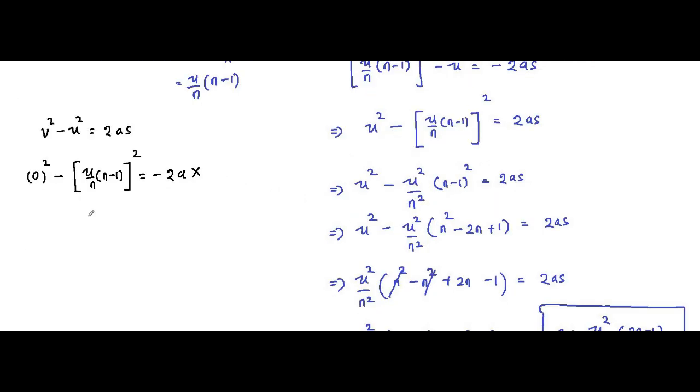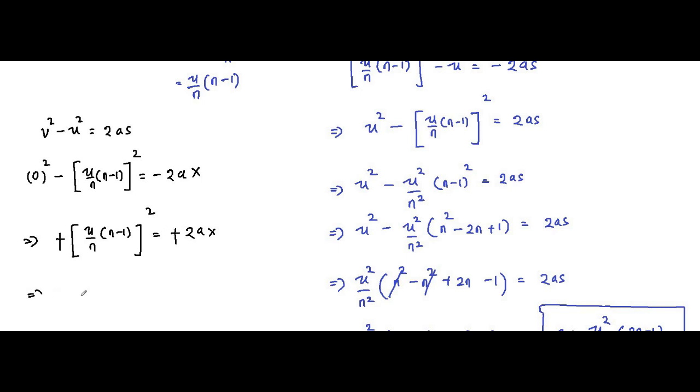So again, here don't put the value of a because the equation will get complicated. Just get the value of x, then we'll put the value of a. So that implies minus u by n into n minus 1 whole square is equal to minus 2ax. So this becomes plus.